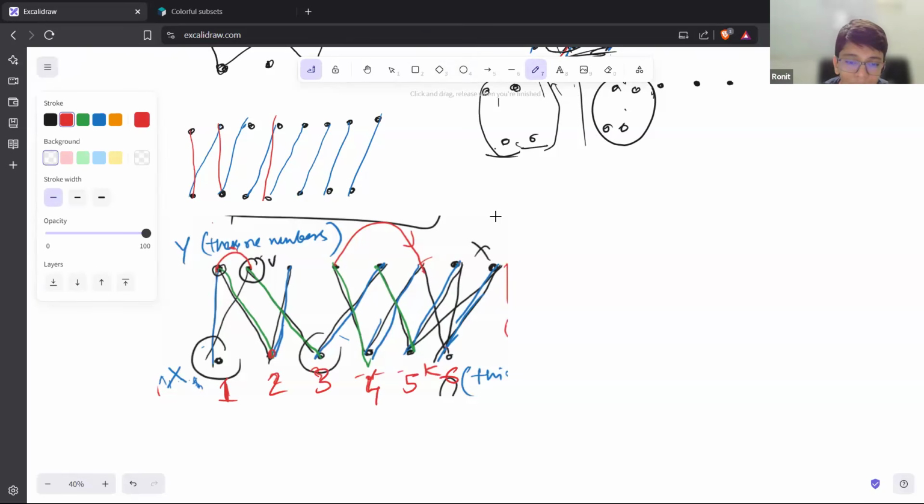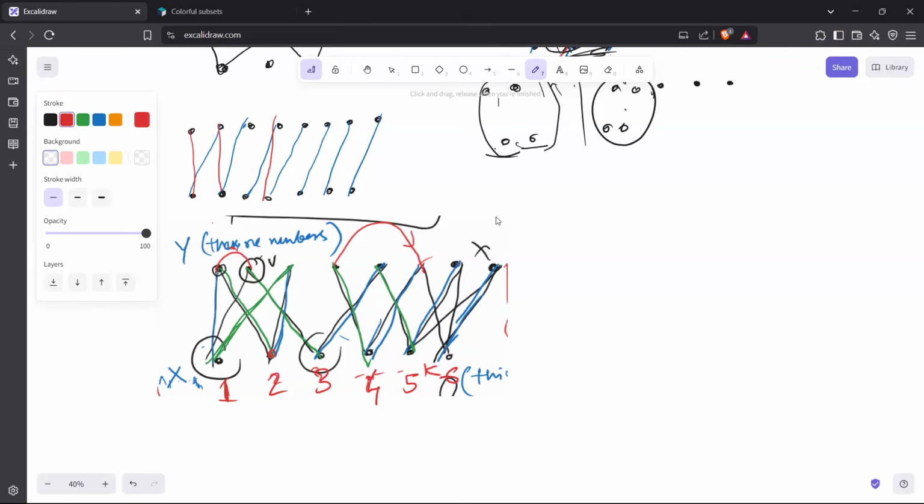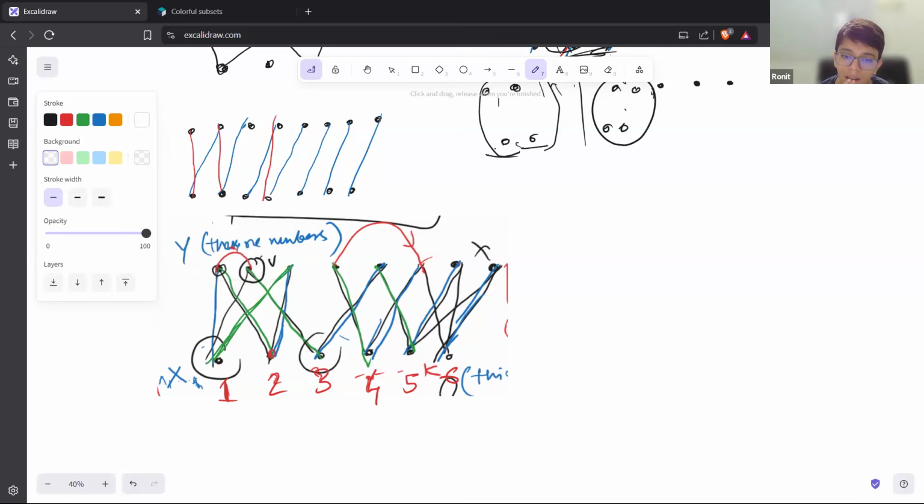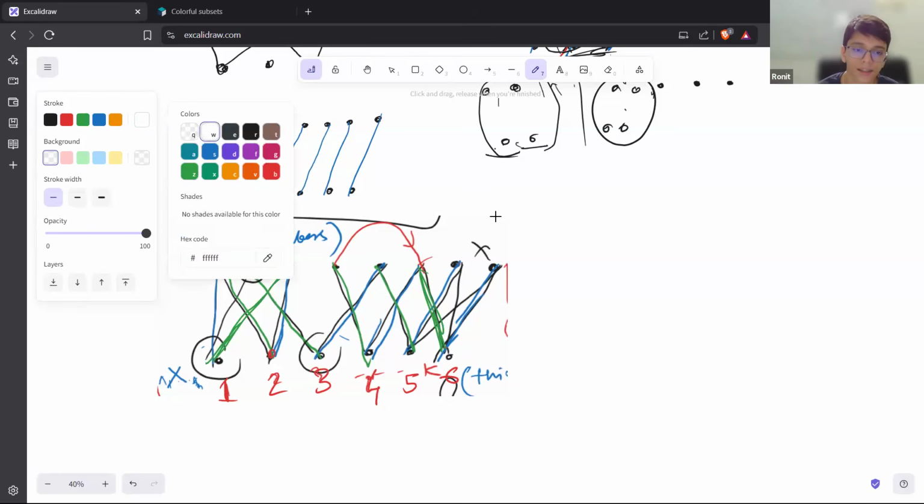Yes, they're not two perfect matchings. We need another vertex. Sorry, now it's a perfect matching. No, add 6 to some other thing, right? Just add 6, add another green. Yeah, this works.